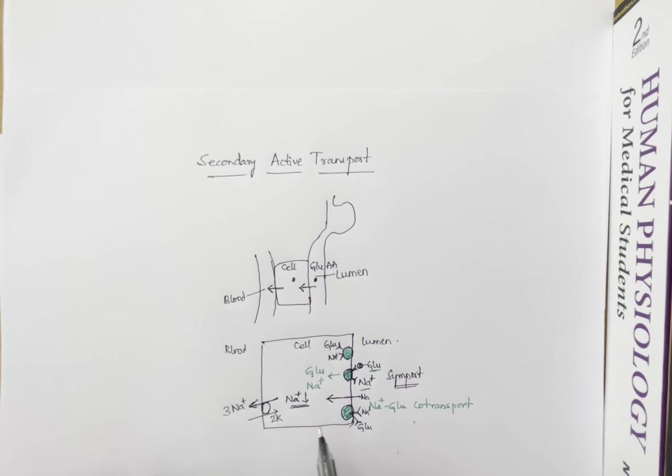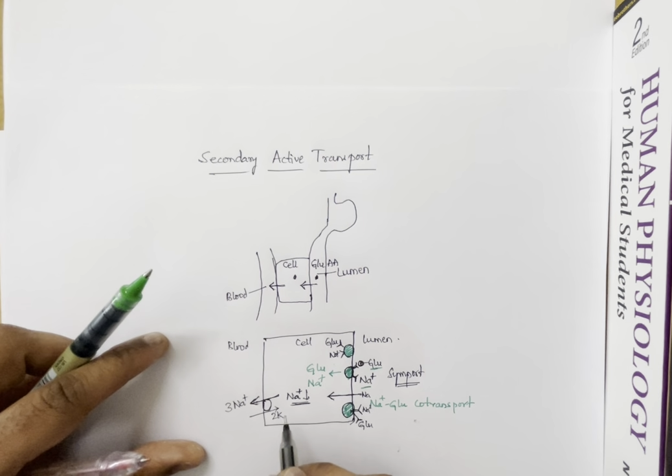So this is secondary active transport of sodium and glucose, or secondary active transport of sodium, or secondary active transport of glucose. Option A, secondary active transport of both. Option B, secondary active transport of sodium. Option C, secondary active transport of glucose. So here this is the secondary active transport of glucose only.